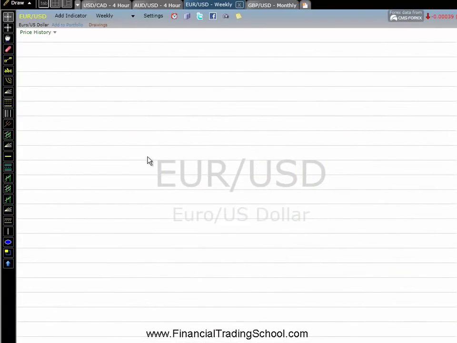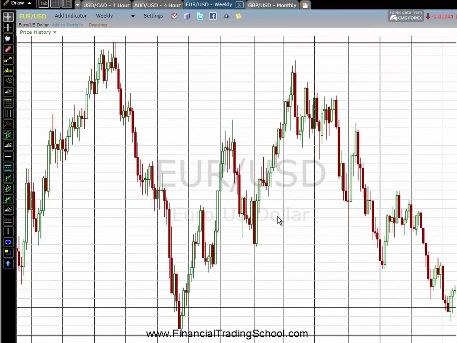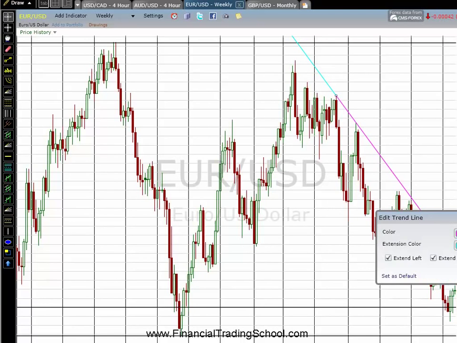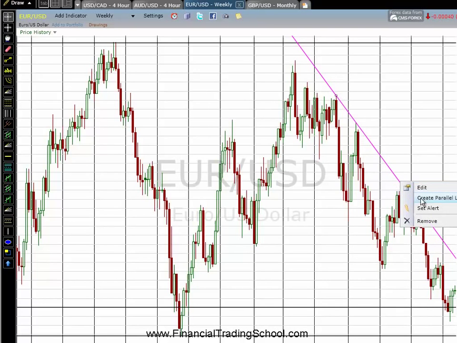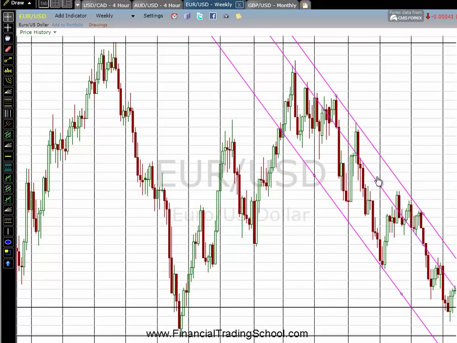So let's switch to the weekly chart and see here now it's more clearly evident where the trend line should be. If you connect, say, the highs like that, and this being the channel, you can create a parallel line like that, and then you can create another parallel line for the other lows based on something like that.